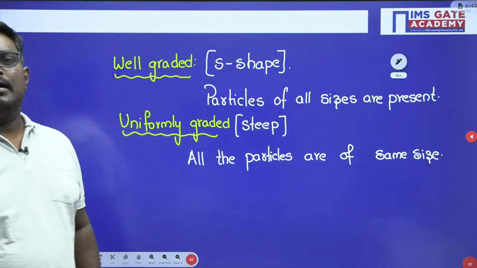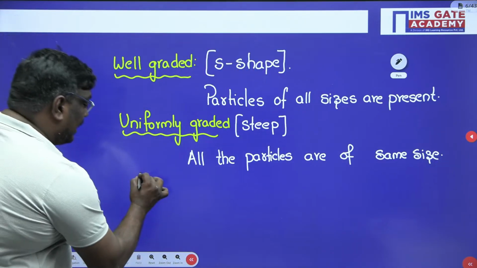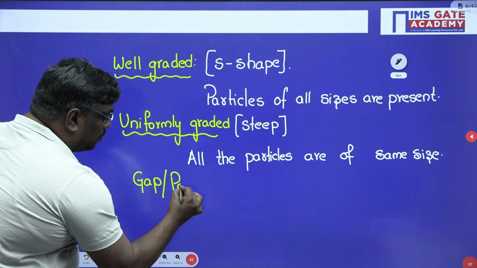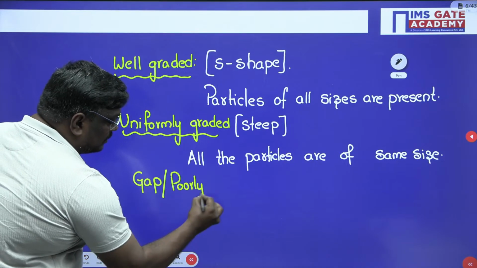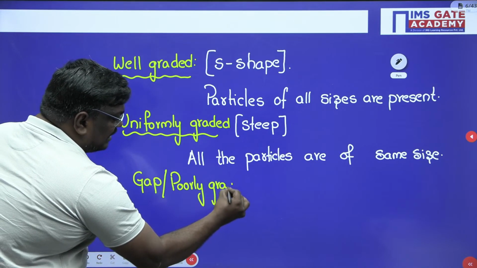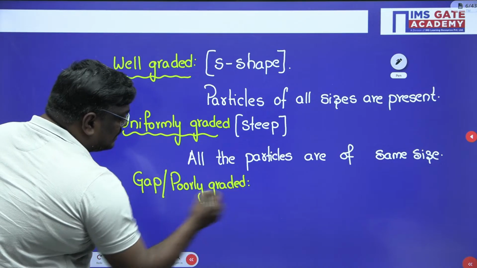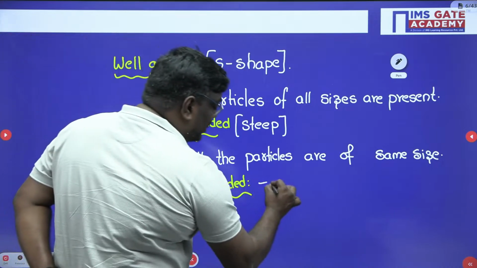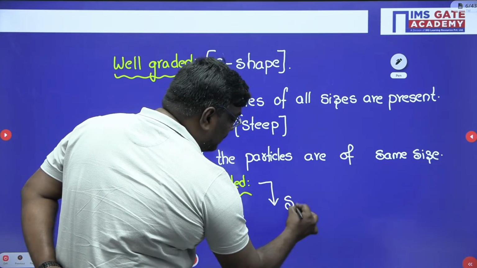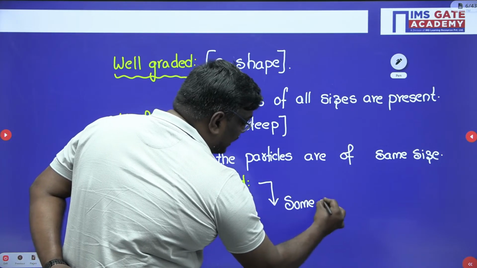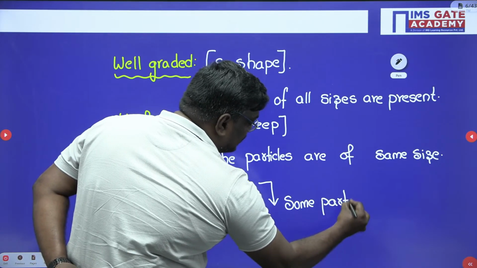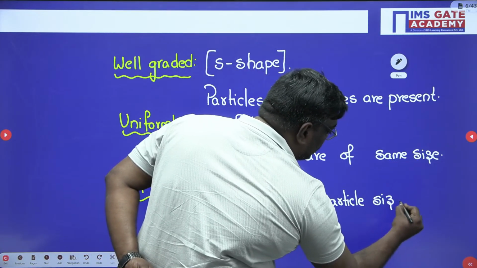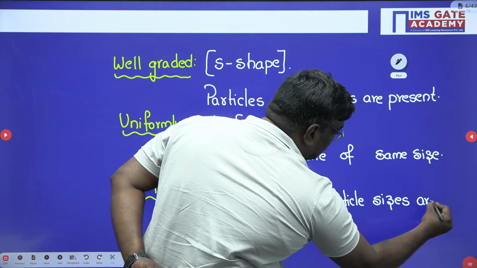Agree? Next we have gap graded, which we can also call poorly graded soil. In the name itself, gap or poorly graded means some particle sizes are missing.